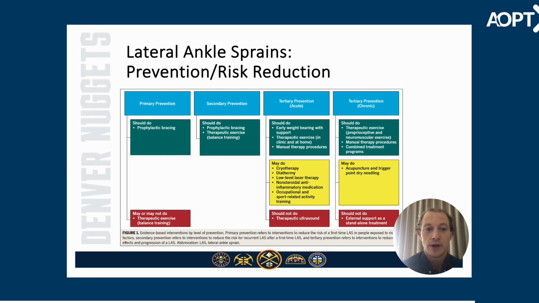Now, once an injury occurs and we want to reduce the risk of a future ankle sprain, we know that there's high levels of evidence to support both those exercise programs that we just discussed throughout this presentation and prophylactic bracing. Once we are in that sprained state of injury, we definitely want to support early weight bearing and getting things moving to have superior outcomes.